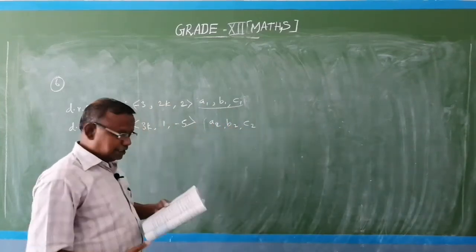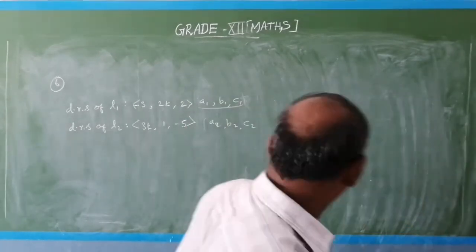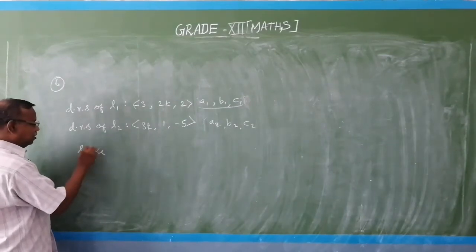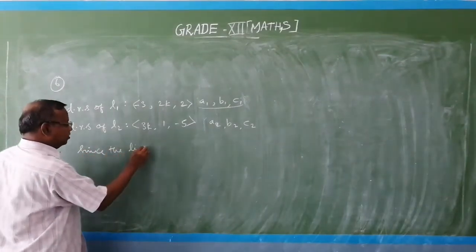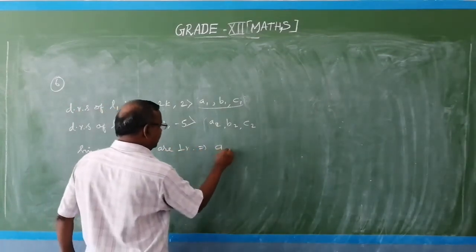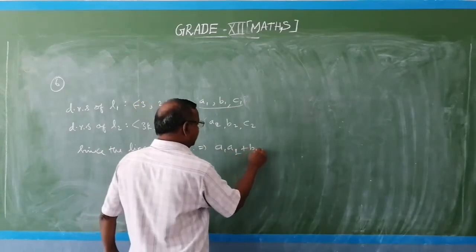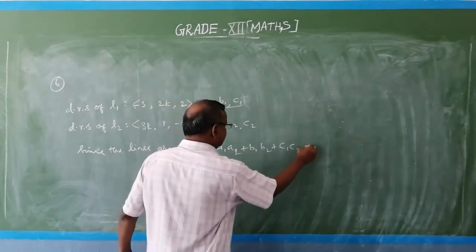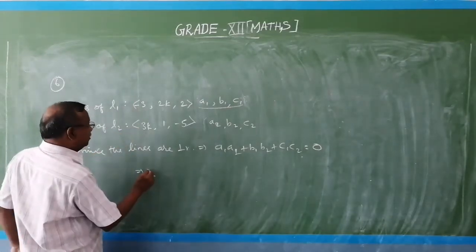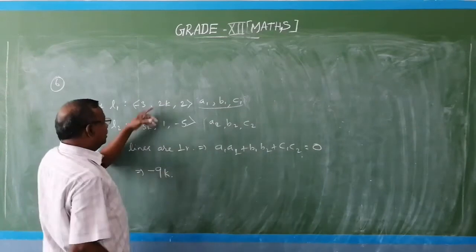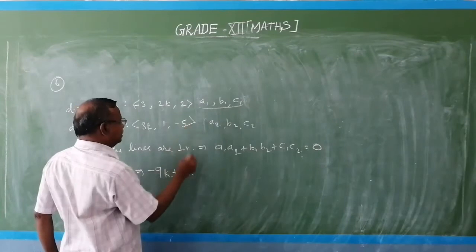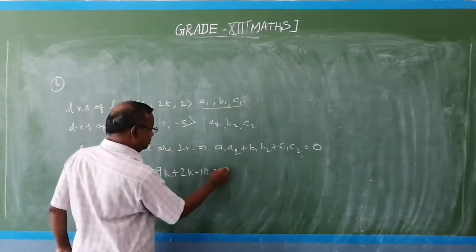Consider these two. Since the lines are given as perpendicular to each other, we have A1 A2 plus B1 B2 plus C1 C2 equal to 0, which gives A1 A2 as minus 9k, B1 B2 as 2k plus 1, that is 2k, and C1 C2 as minus 10, equal to 0.